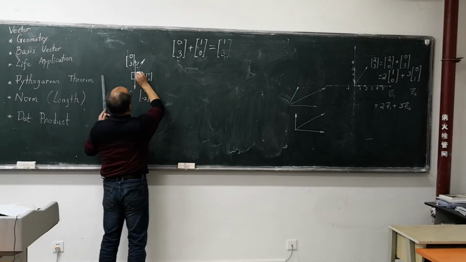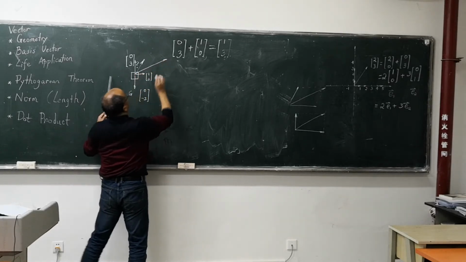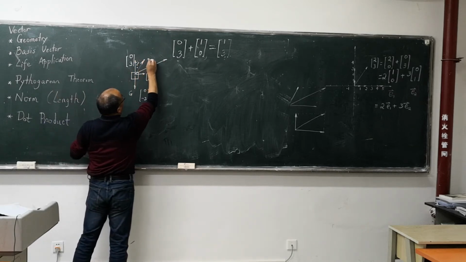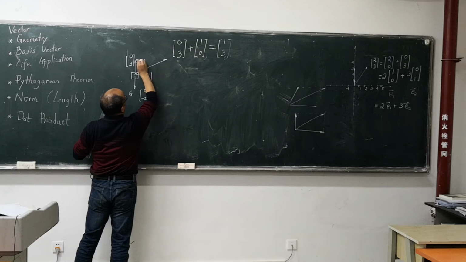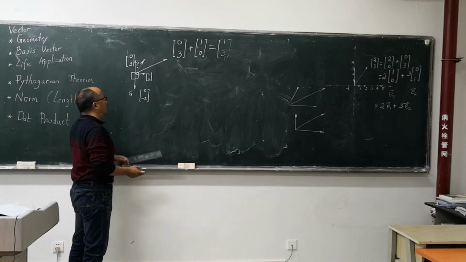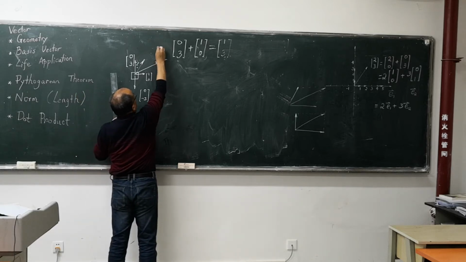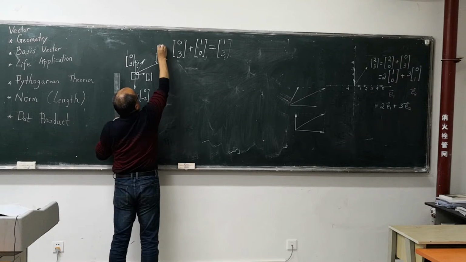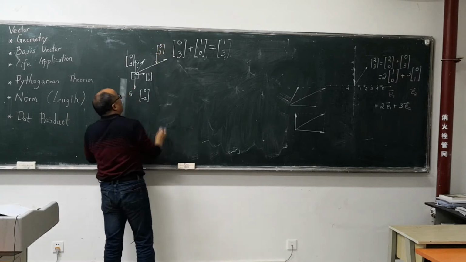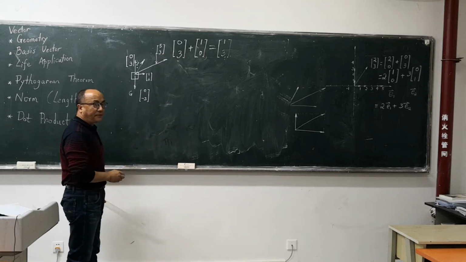If it's this, all these are at the same level. Let's say this is 5, 3, okay?